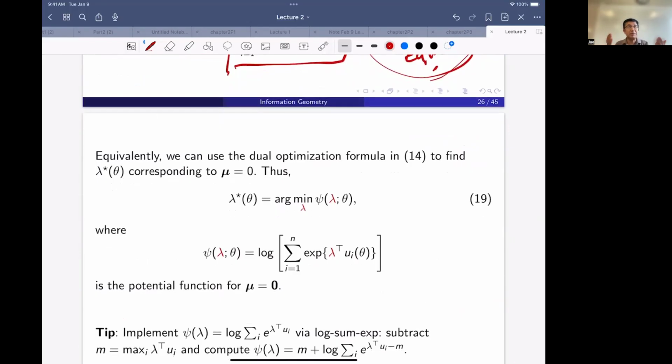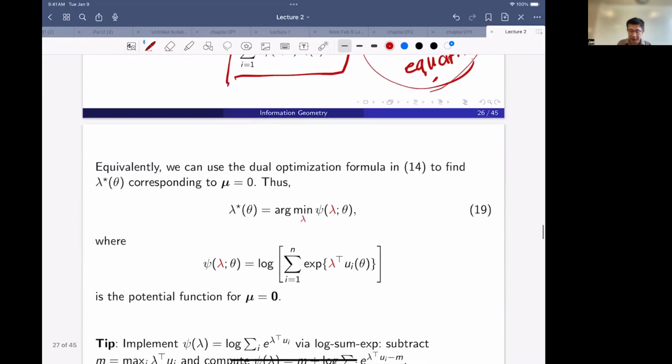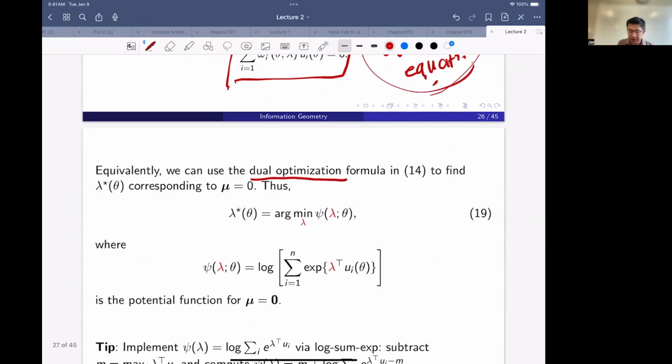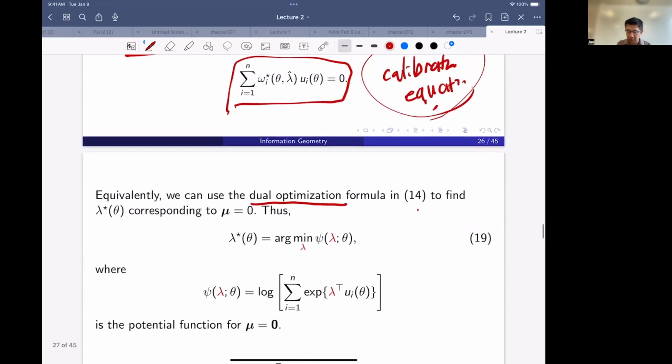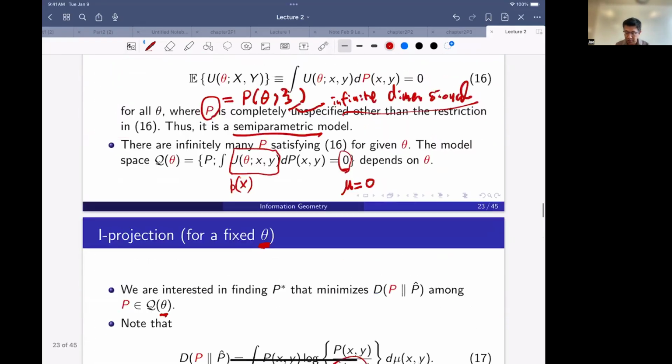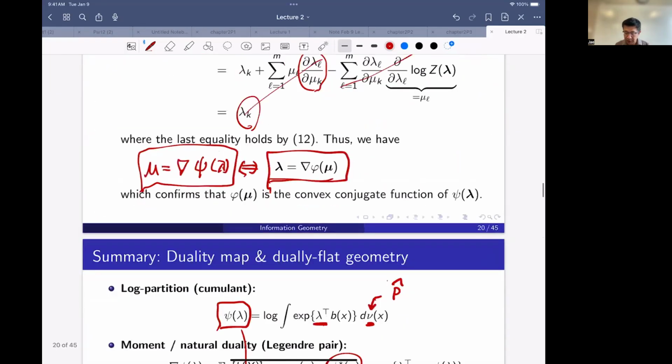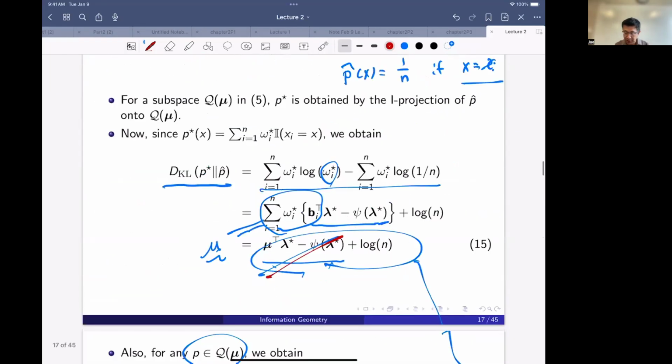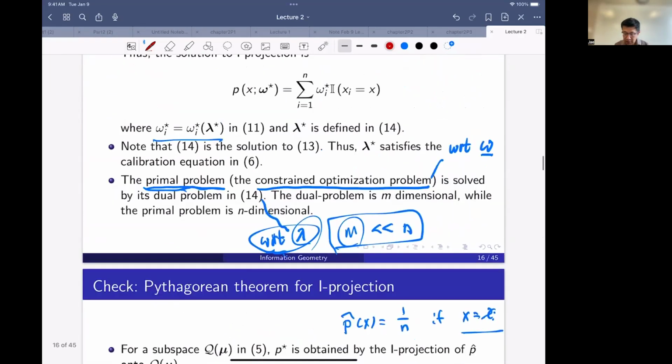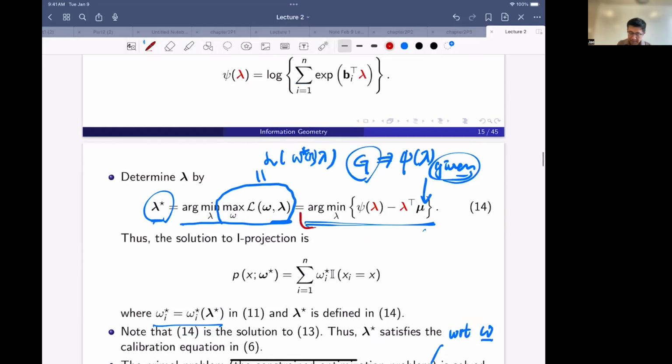Equivalently, remember the dual, right? So let's see how we solve the same problem using the dual optimization formula, which is 14. So let's go back to 14. What is 14? This is 14.